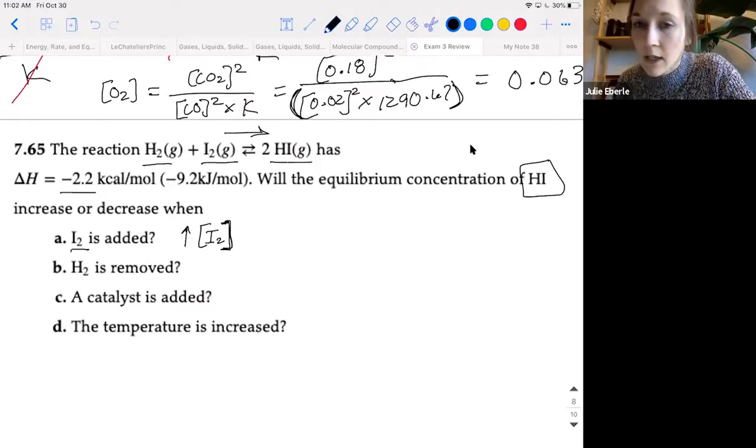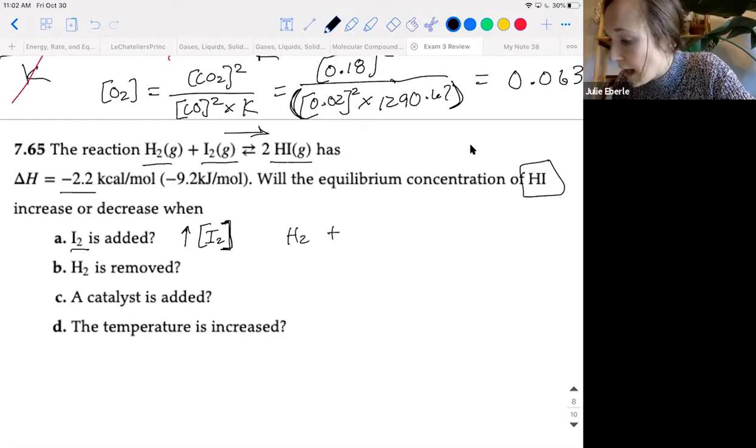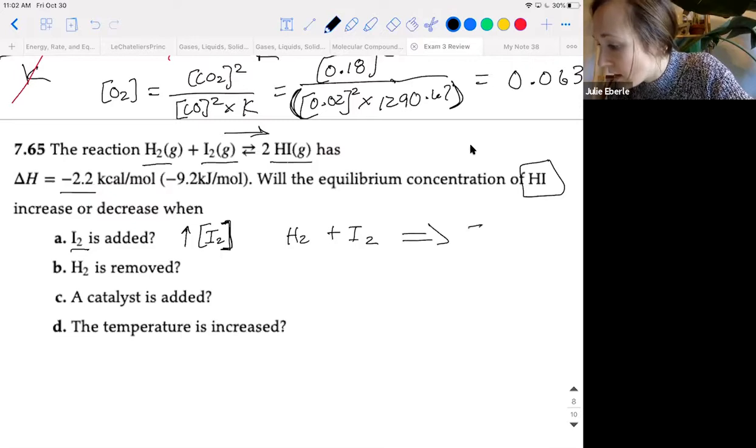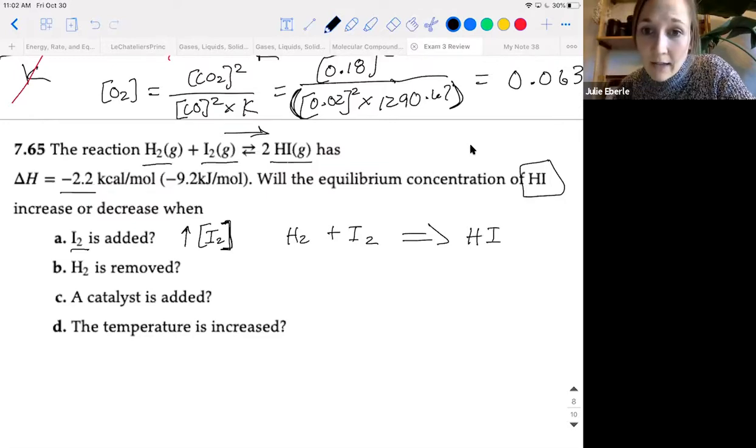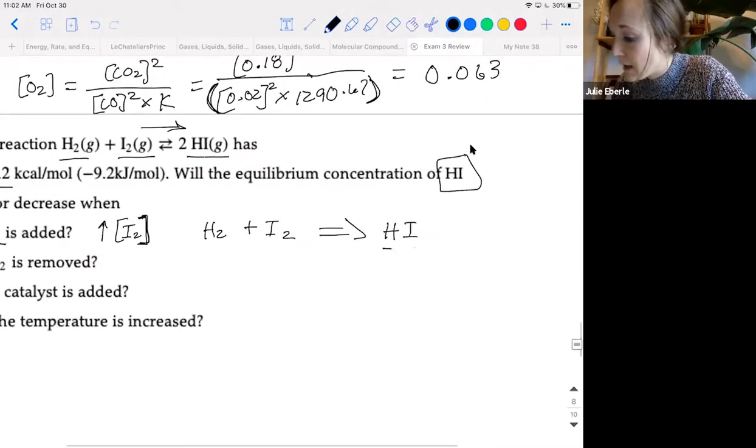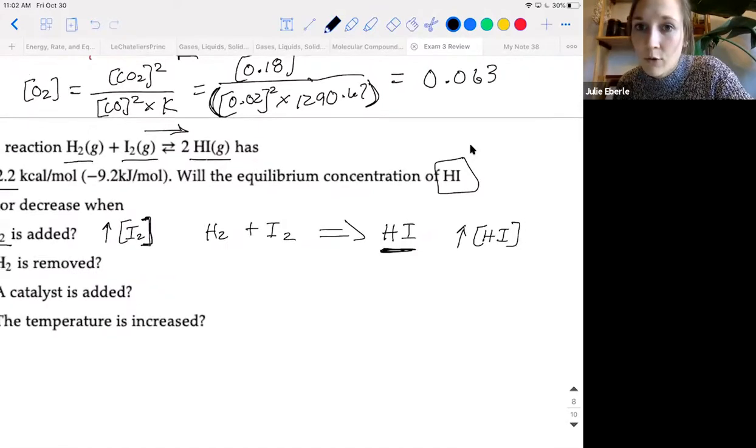When you increase the concentration of a reactant, equilibrium shifts towards the products. What that means is that H2 and I2 are going to react and give us more HI. So what will happen to the concentration of HI? Will it increase or decrease? If we're making more of this, then we are going to increase the concentration of HI. So it will increase.